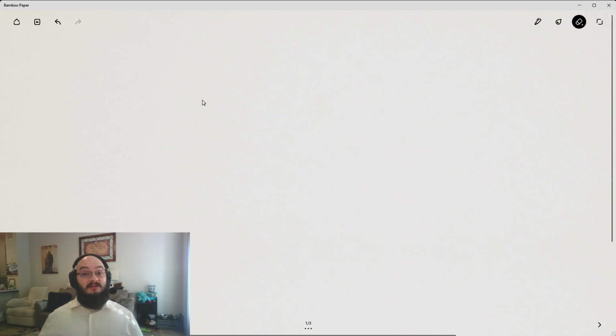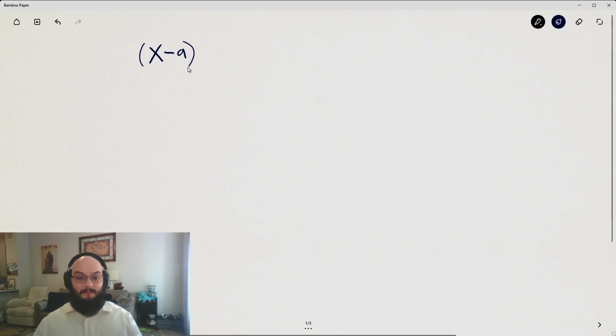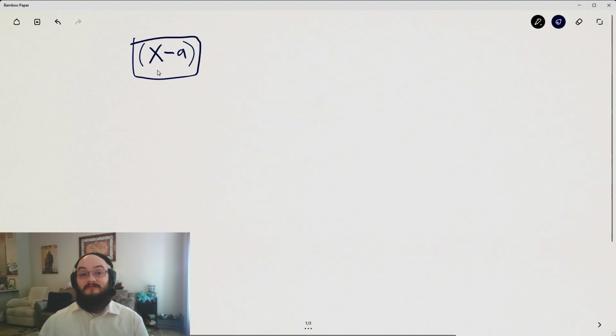In order to do synthetic division, the divisor has to be in this form. Must be in the form x minus a. And the reason for that is because we will be using the root of this binomial whenever we do our division. If you have a coefficient in front of the x, you can also make that work.